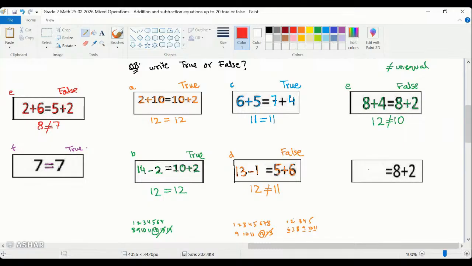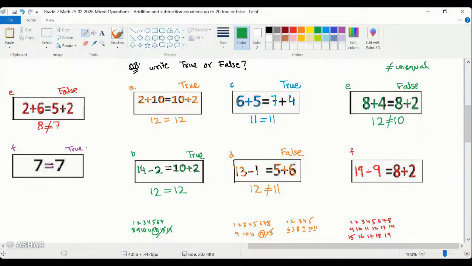Is 19 minus 9 equal to 8 plus 2? Part F. Let's see. We write the 19 numbers 1, 2, 3, 4, 5, 6, 7, 8, 9, 10, 11, 12, 13, 14, 15, 16, 17, 18, and 19.